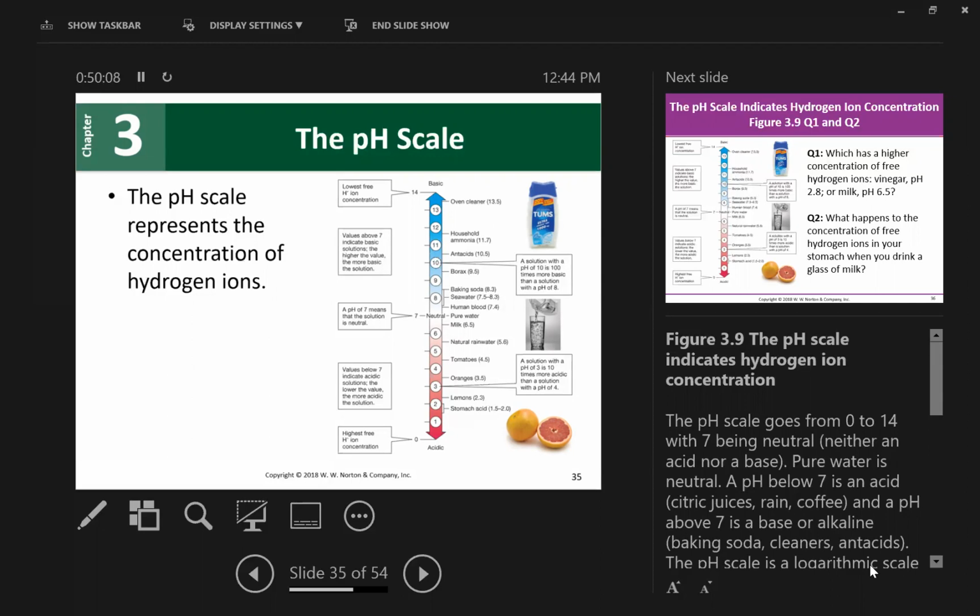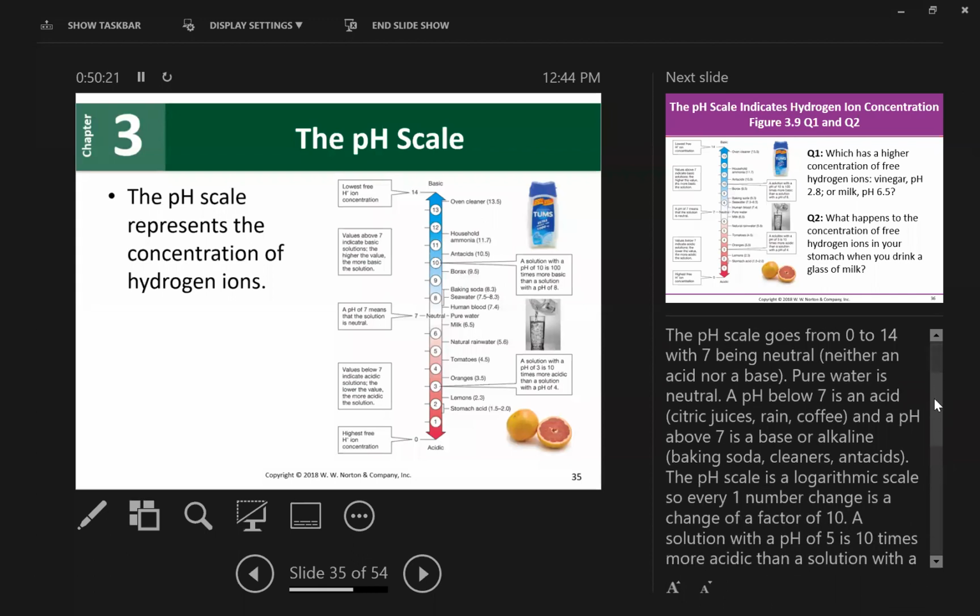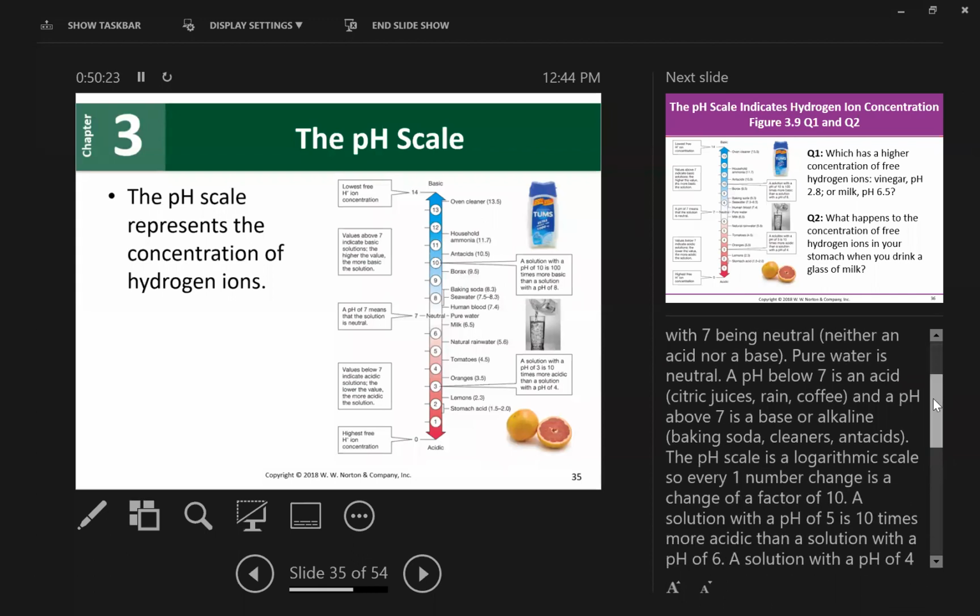And then we're going to start moving either which way, depending on the acidity. So here's our scale, 0 to 14, 7 is neutral. And what we'll find is acid is going to be the citric juices, rain, coffee is going to be more acidic. Base or alkaline are things like baking soda, cleaners, and acids.